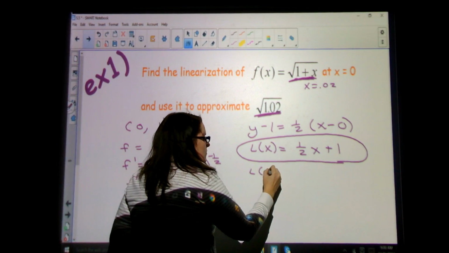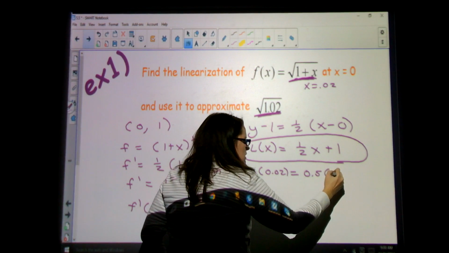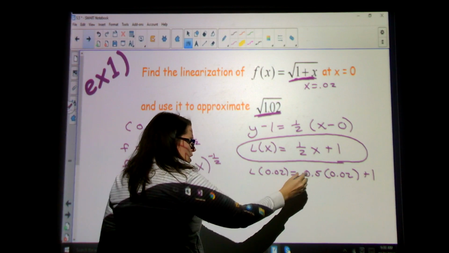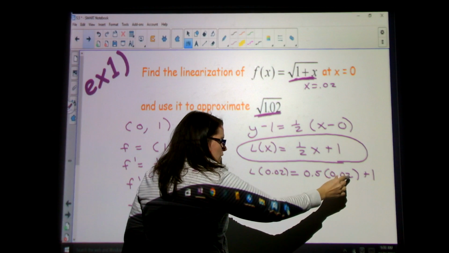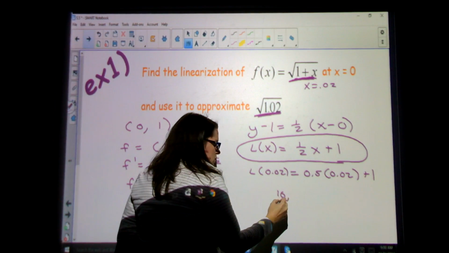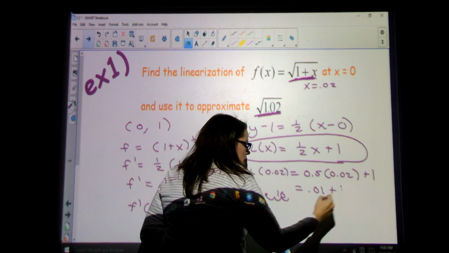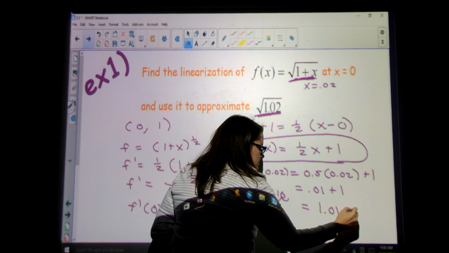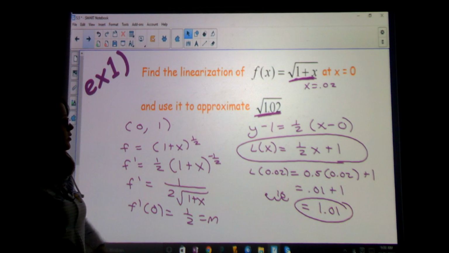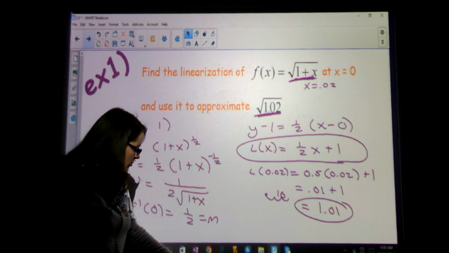L of 0.02, I'm going to convert to decimals. You can multiply that out. That'll give you 0.01. So it'll give me 0.01 plus 1, which is 1.01. So we're saying the decimal approximation of the square root of 1.02 is 1.01.